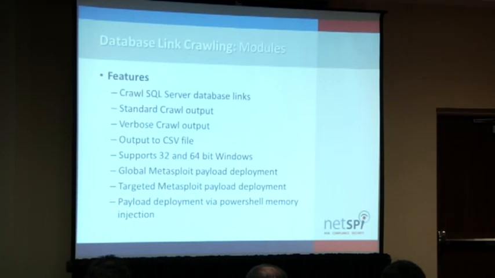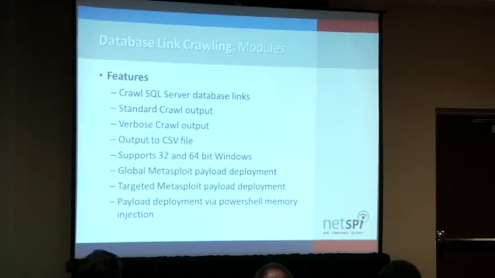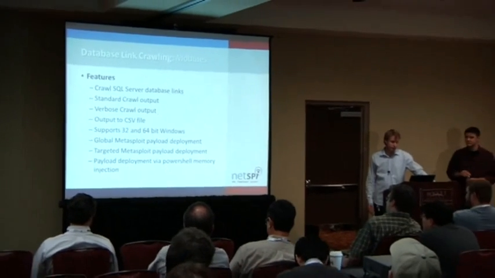For payload deployment, you can choose any payload you want. You can tell the module just to deploy a payload on certain servers. So if you have a link tree that has hundreds of databases, you can just say deploy on these 4 and just test all the other ones.